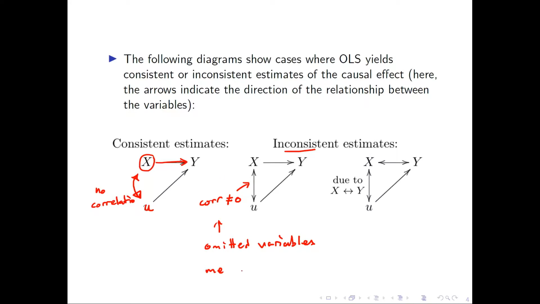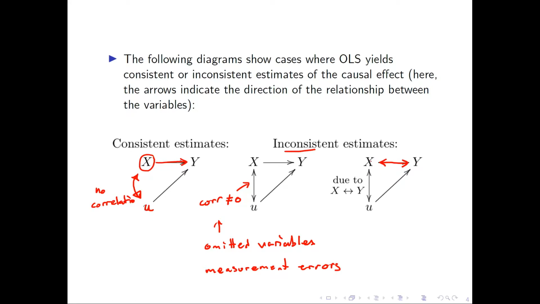This correlation between the x variable and the residual can also come about because there is this duality, a causality from x to y and a causality from y to x.